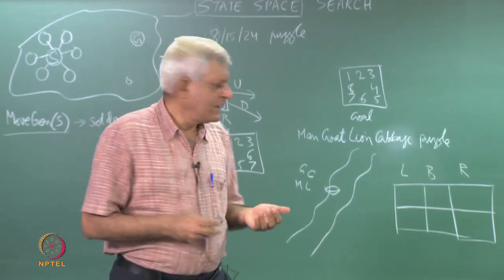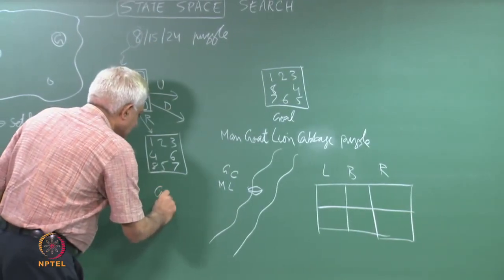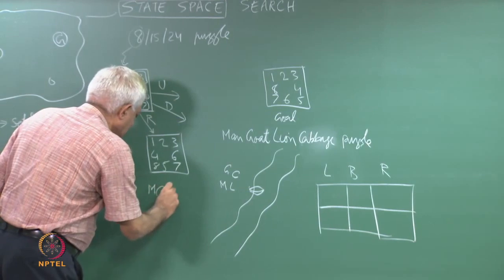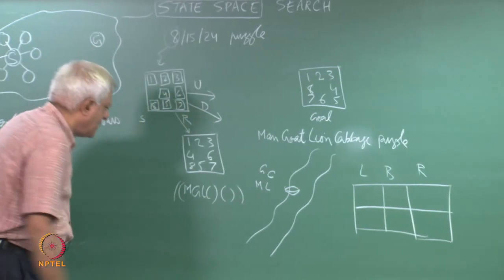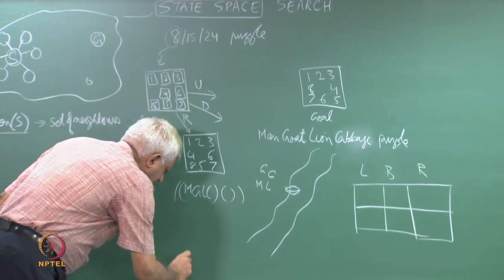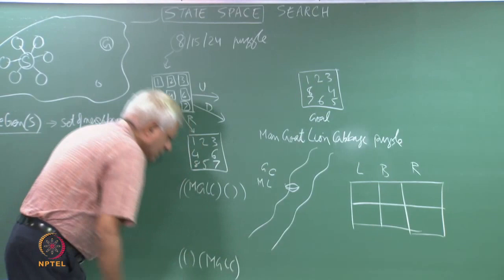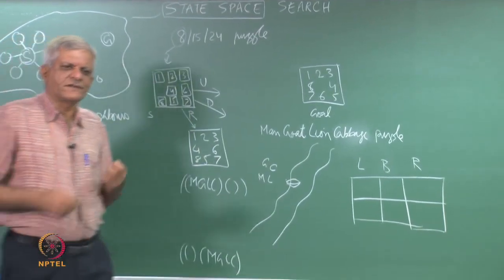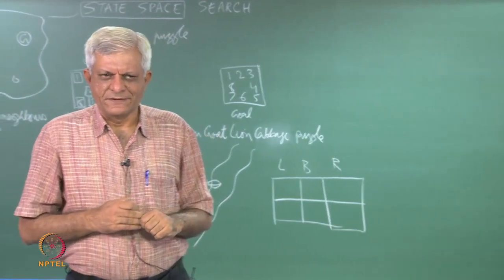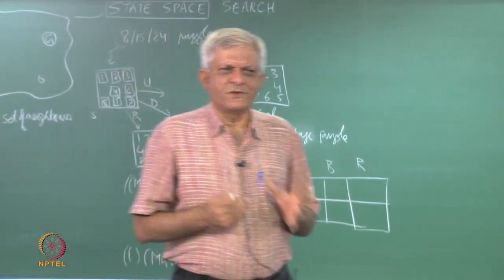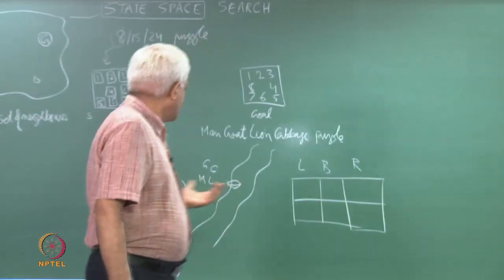If I choose that, then my list would look like this: G, this is my given start state and my goal state is, but the question is how do I write the move gen function. That is what I am trying to derive: what representation is good and what is not good. Now, how would you write a move gen function for this representation?